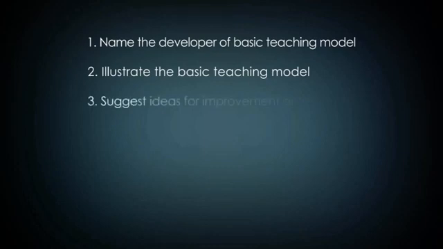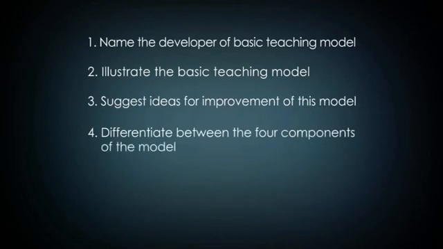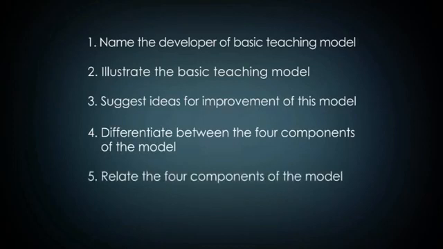Number 3, suggest ideas for improvement of this model. Number 4, differentiate between the 4 components of the model. Number 5, relate the 4 components of the model. And number 6, they will be able to develop a better model. With the expectation to achieve these instructional objectives, the teacher will prepare for the day's lesson.